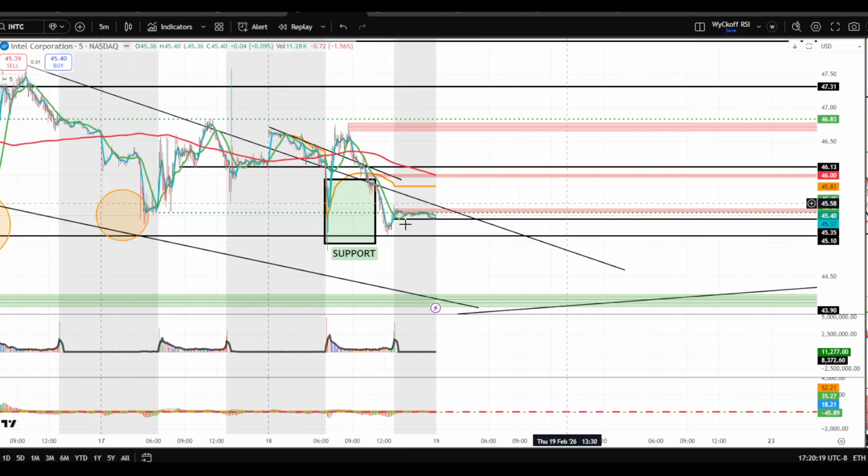Otherwise, it could fail here and then drop in the after hours or pre-market, and again like it did in the opening of today's session, it could drop and have another support here.